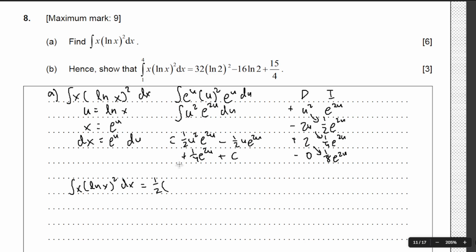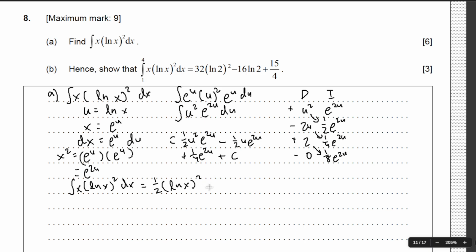For this, 1 over 2 u squared, our u squared will be (ln x) squared, and our e power 2u, keep this in mind, okay? Since our x is equal to e power u, our x squared would be e power 2u, as it would be e power u times e power u, which in this case, you just add the exponents together. All right, so therefore we get e power 2u here.